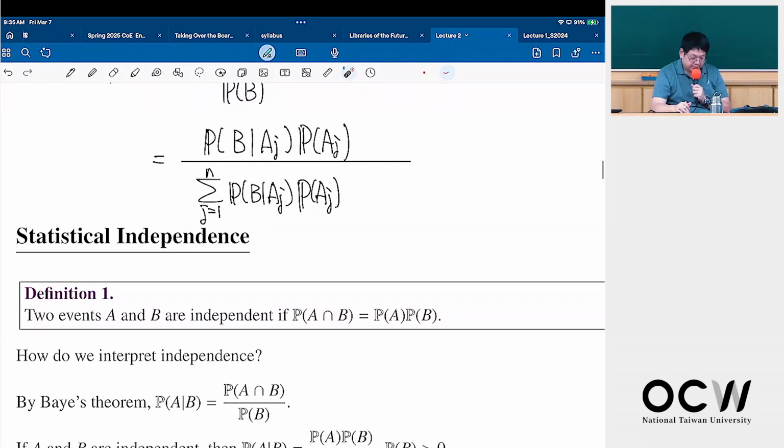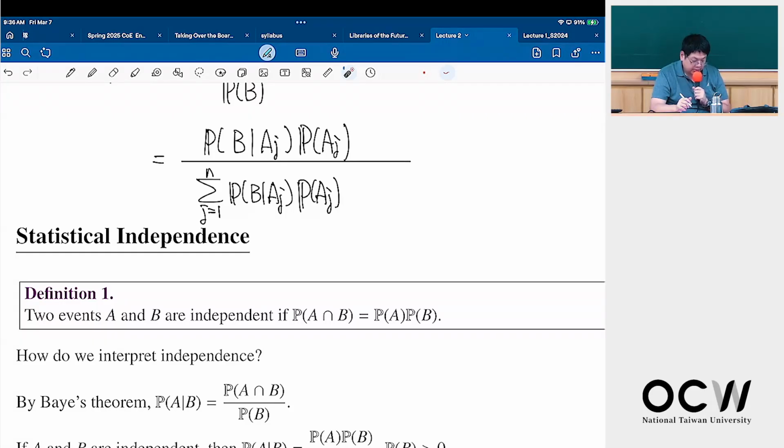Here is the definition: two events, A and B, are independent if the probability of A intersect B is the product of their individual probabilities, P(A) times P(B). Then we can say A and B are independent.